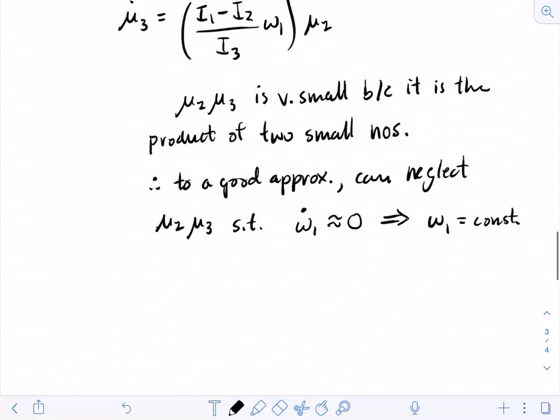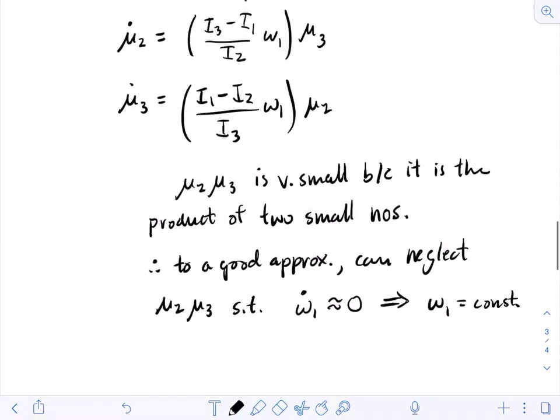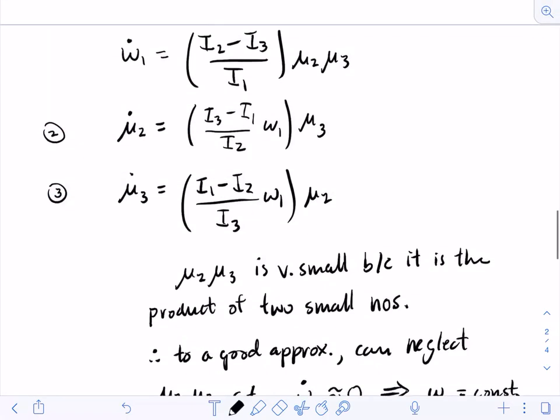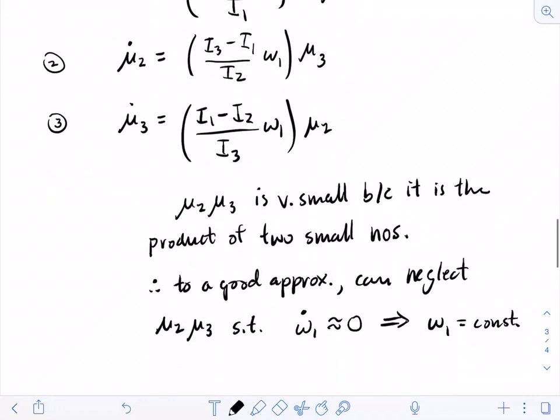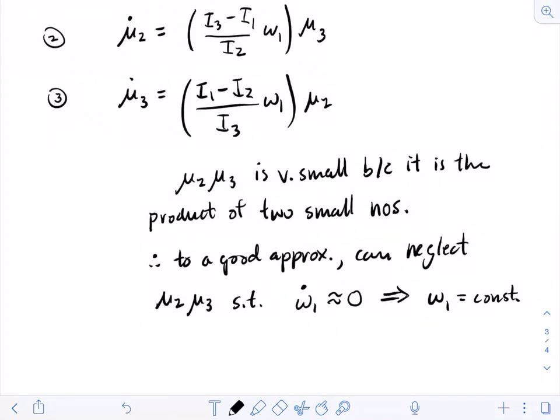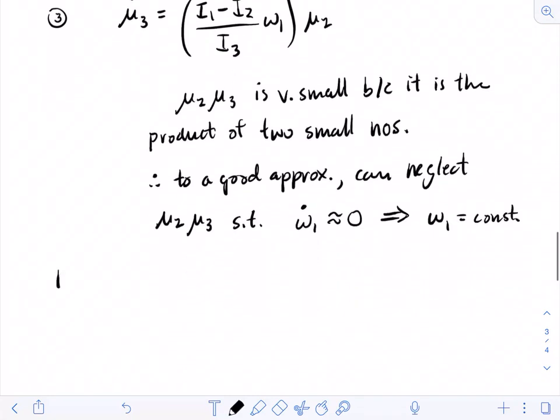Okay, so then we have the remaining two equations. Let's call these equation 2 and equation 3, and I guess we could label the first as 1, although we've already dealt with that one. So what we'll do is first take a time derivative of equation 2.